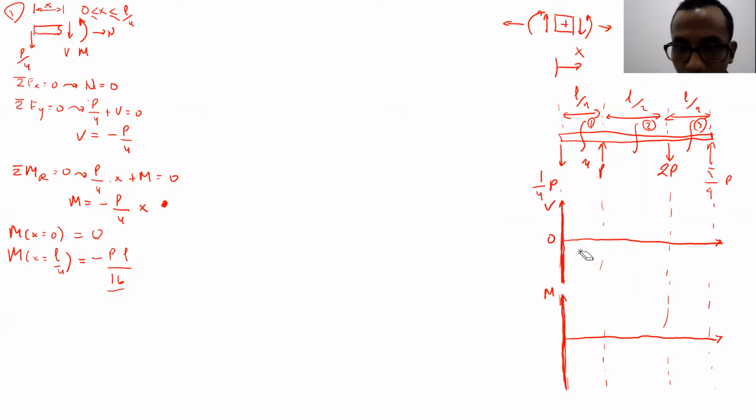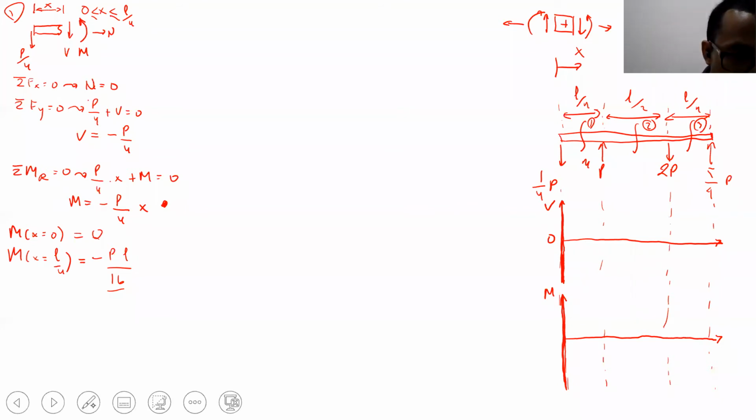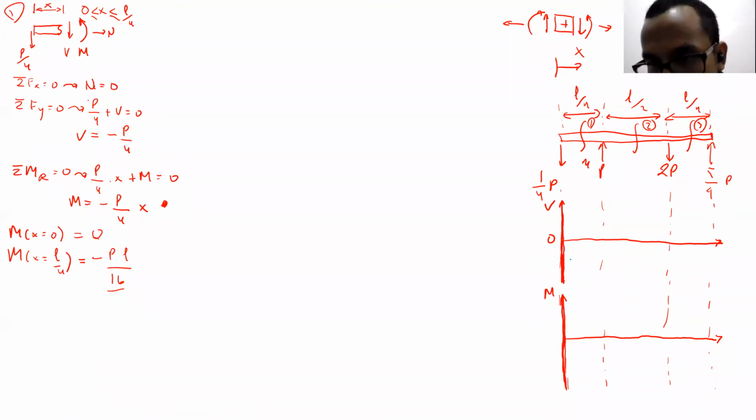I think I will use a different one. Yeah, this one. And the value there is supposed to be minus P over 4. How about the moment? The moment will be declining.